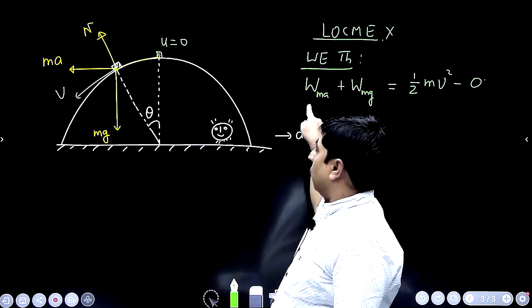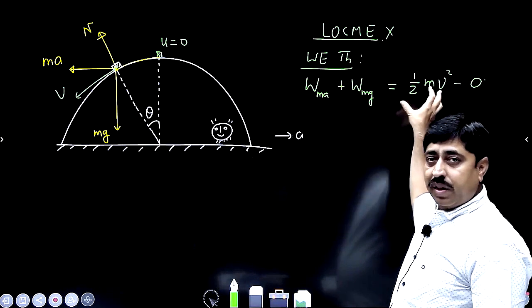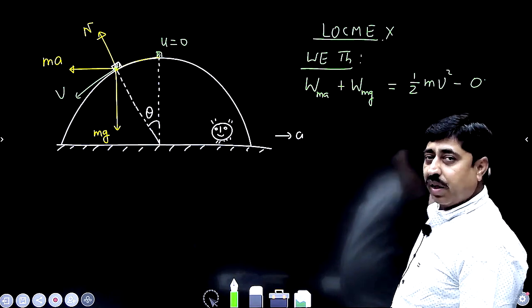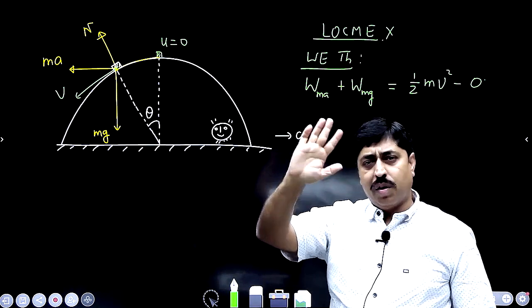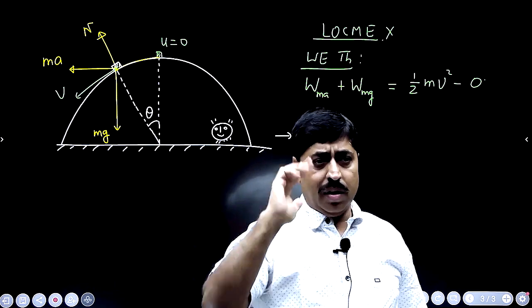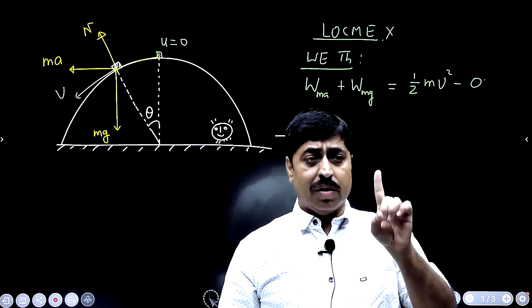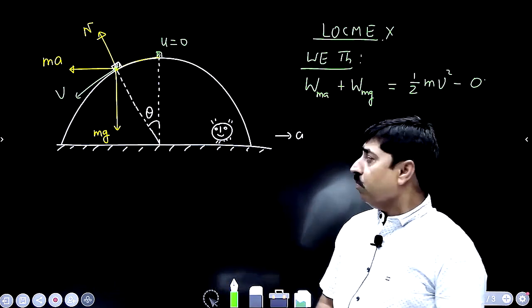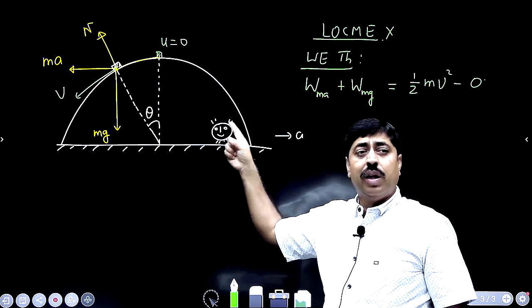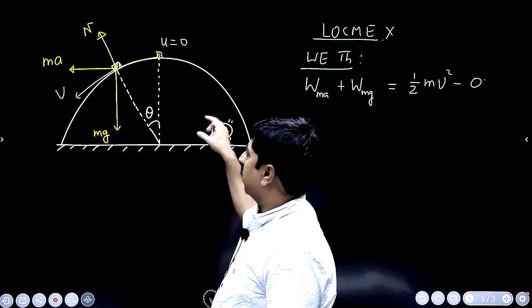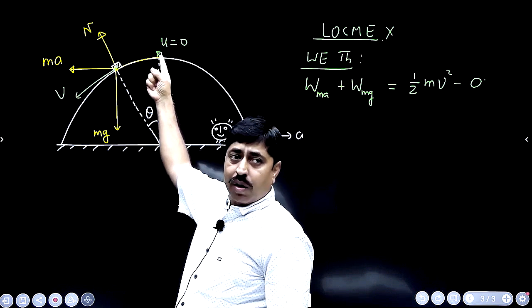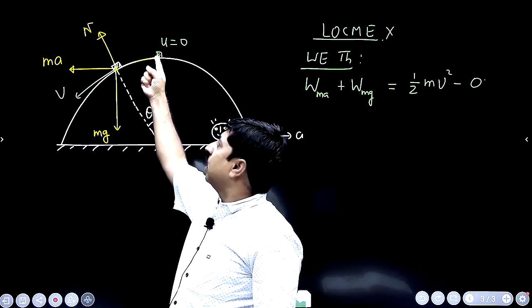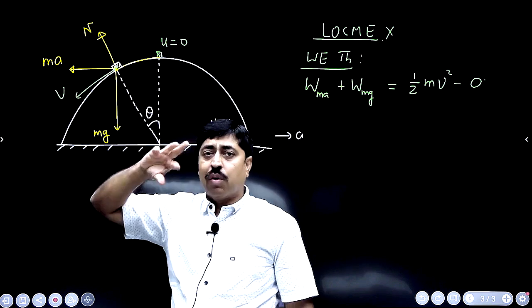So, work done by Ma and work done by mg is equal to final minus initial kinetic energy. Normal reaction does not perform any work. In this reference frame, this person finds that this block is moving along this arc only.